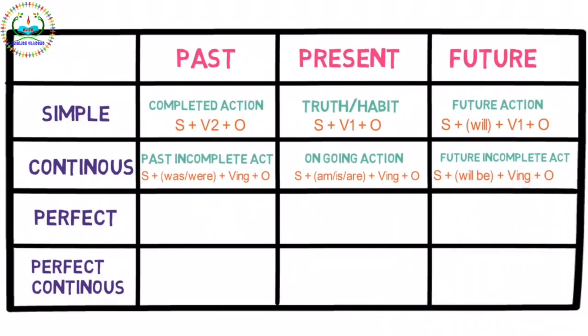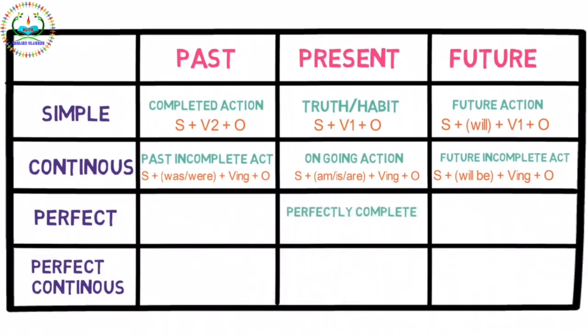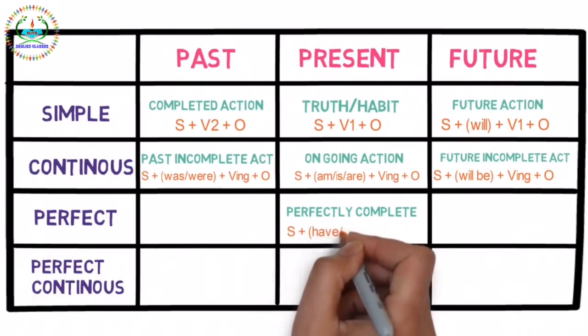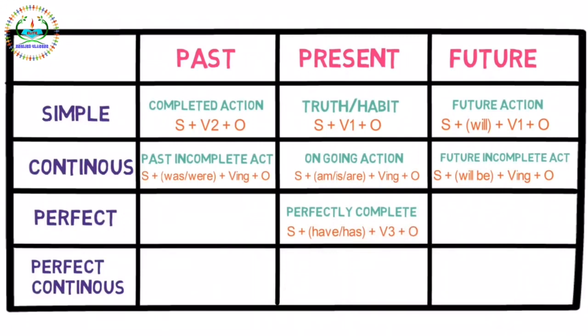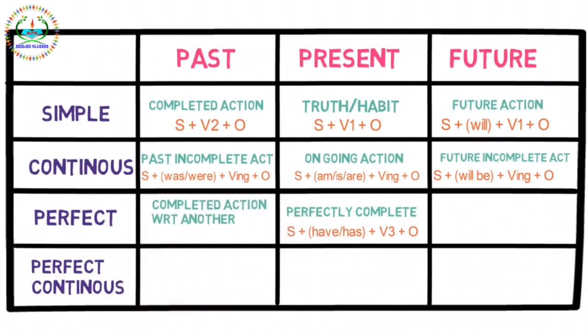In the present perfect tense, we refer to perfectly completed activity. That is, the activity that had started in the past and still valid in the present. Sentence structure of it will be subject plus have or has plus verb's third form plus object. In the past perfect tense, we refer to a completed action with respect to another.